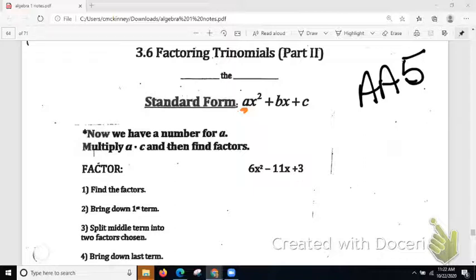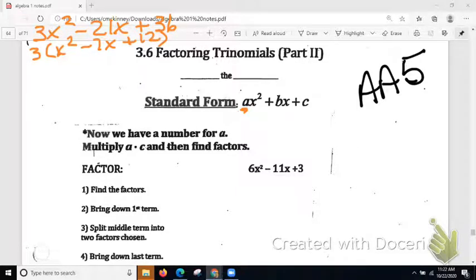For instance, if we had something like 3x squared minus 21x plus 36, we could first just divide everything by 3. That would be using a GCF. And then we could factor from there, x minus 4, x minus 3. So that's how we could get rid of that number in front of x squared.